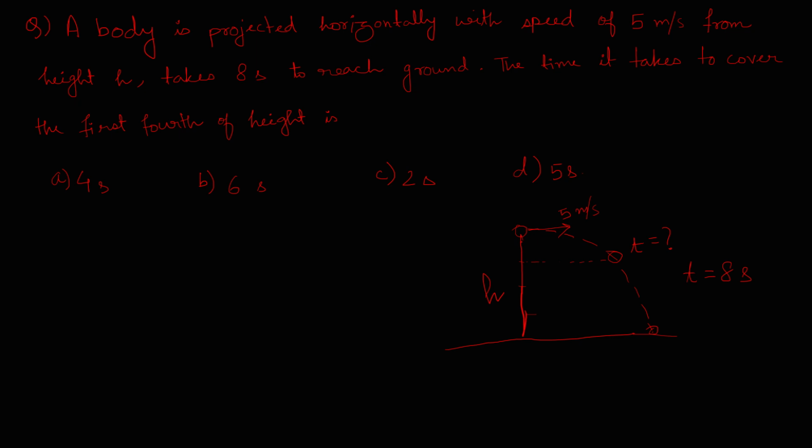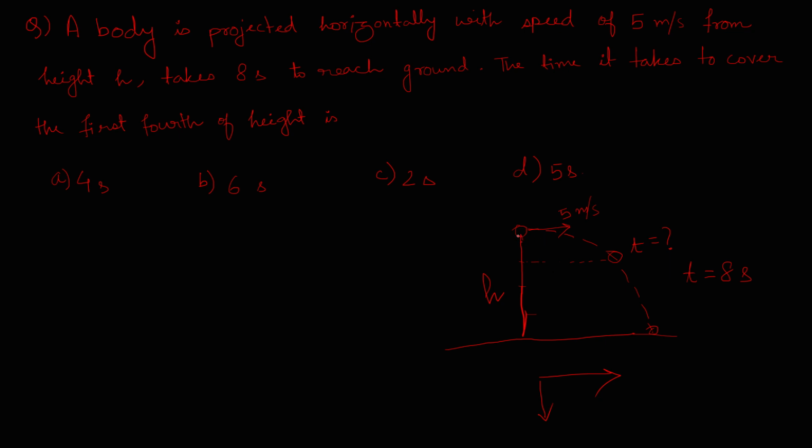Whenever there is a problem of motion in 2D, we have to convert it into a problem of 1D or linear problem. So how to do this? This motion is a sum of two motions. One motion is in the x direction, and another motion is in the y direction.